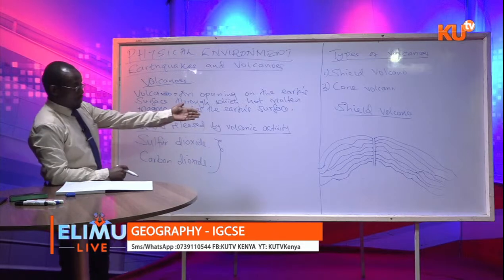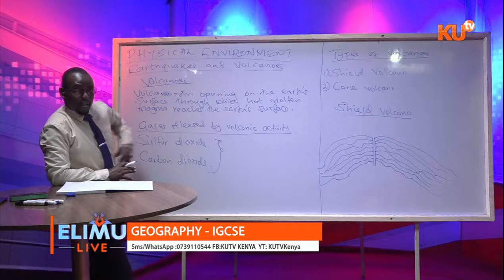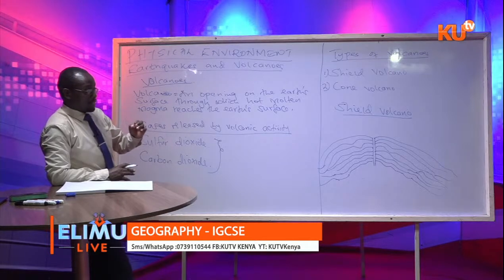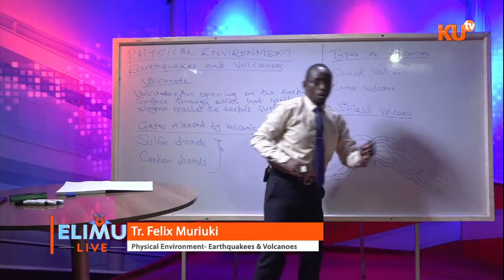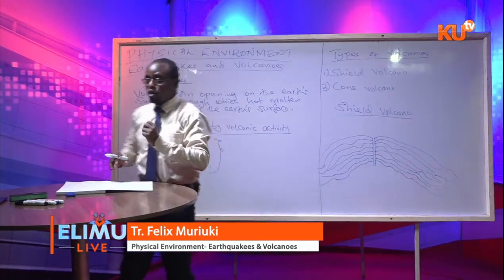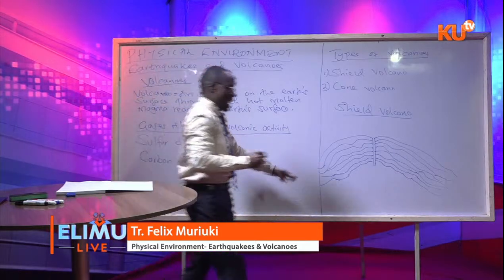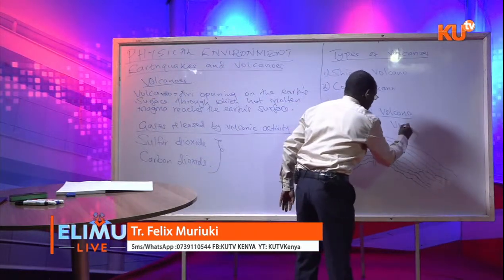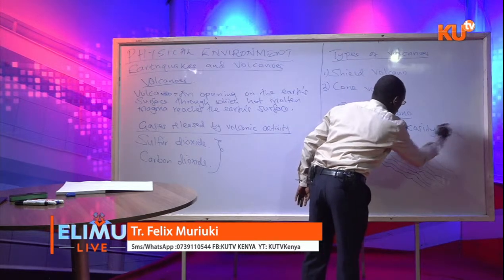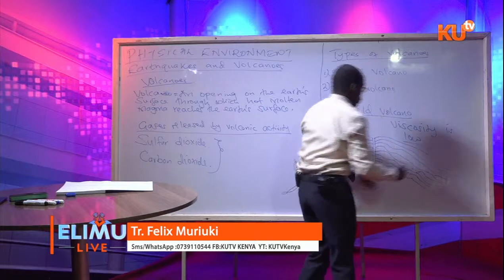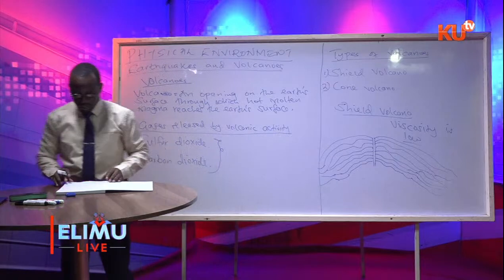So we have the shield volcano composed of very hot magma. This very hot magma, as I have said, has to flow for quite a long distance before it cools down and solidifies. This is the kind of lava that is non-viscous, or the viscosity is very low, which explains why it flows very far.